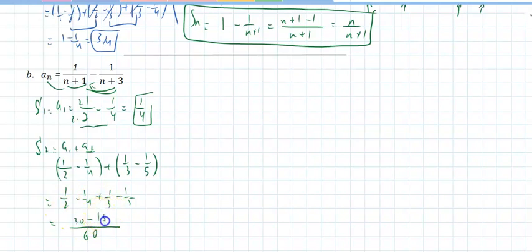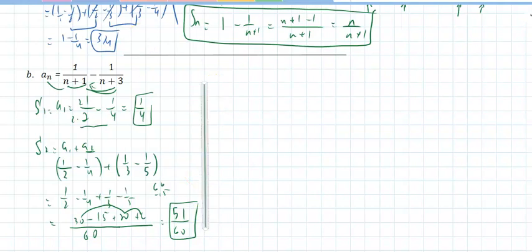This is missing a 15. This is missing a 20. And this is missing a 6. So that turns out to be all over 60. That is 66 minus 15. 66 minus 15 is 51, if I'm not mistaken. And if I am, again, it's pretty much the work.